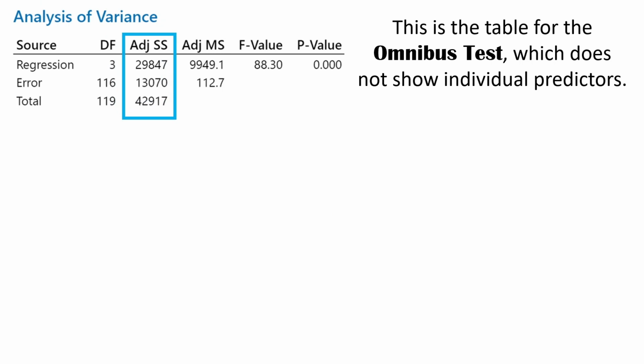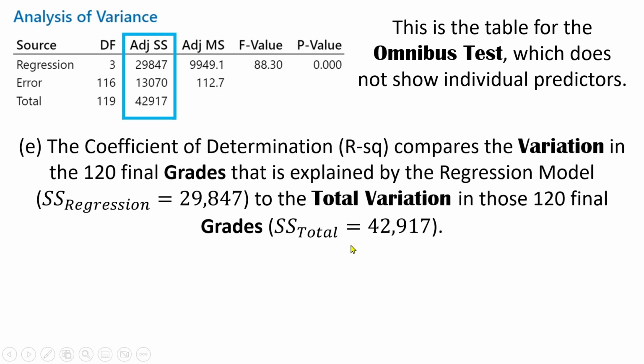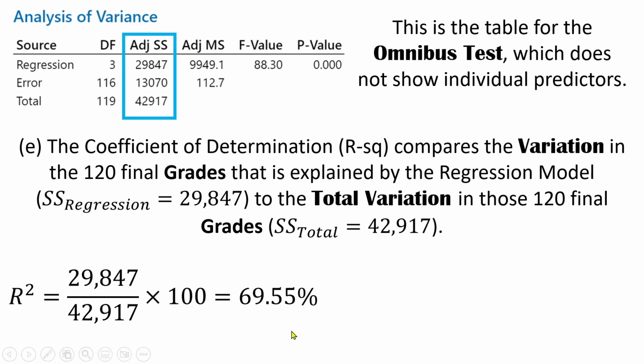The last thing in this question was to talk about the coefficient of determination. Here we need to remember that the coefficient of determination compares the variation in the 120 final grades that is explained by the regression model to the total variation in those 120 final grades. And so it's just this ratio. Let's remember that the sum of squares measures variation. The mean sum of squares measures variance.